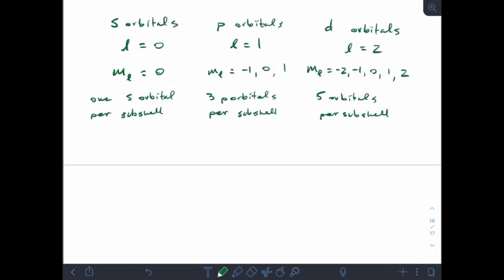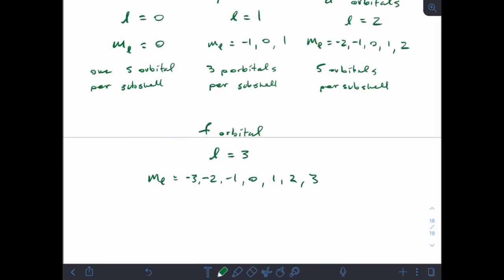And lastly, f orbitals. We have an L value of 3. So m sub L possible values are -3, -2, -1, 0, 1, 2, and 3. So 7 orbitals per subshell.